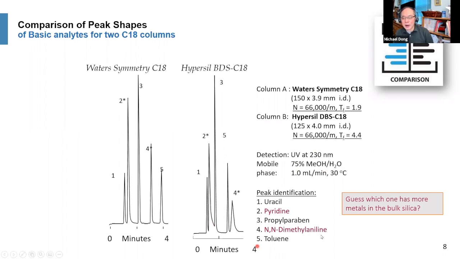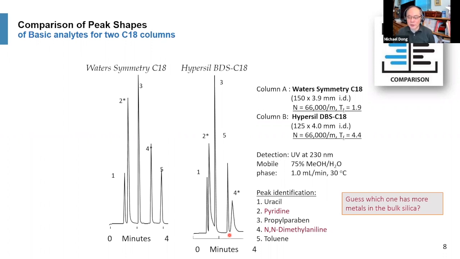So the question is, guess which one has more metal in the bulk silica? And the answer obviously is HPLC BDS C18, because the metallic oxide activates the residual silanol group.